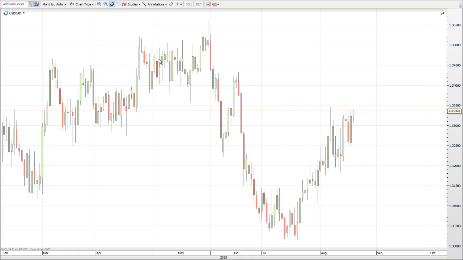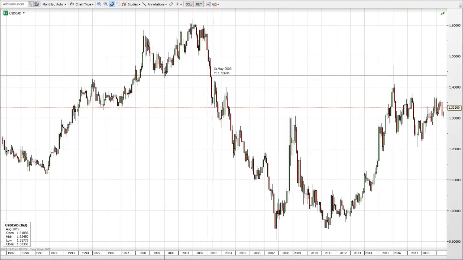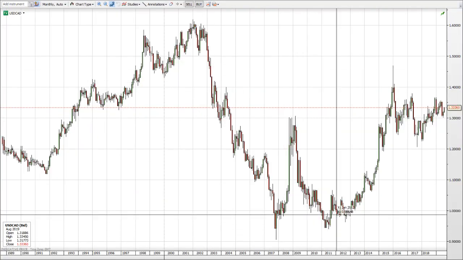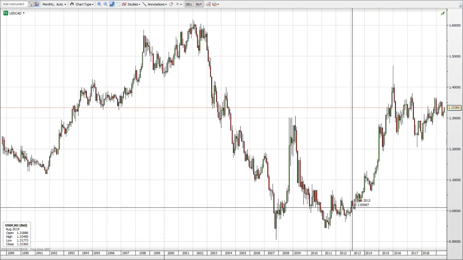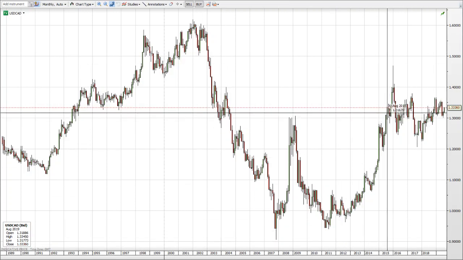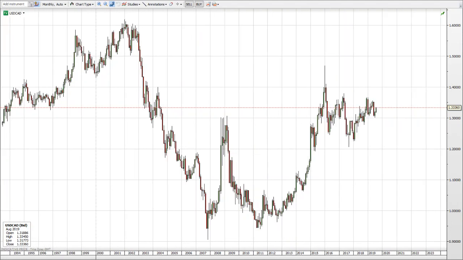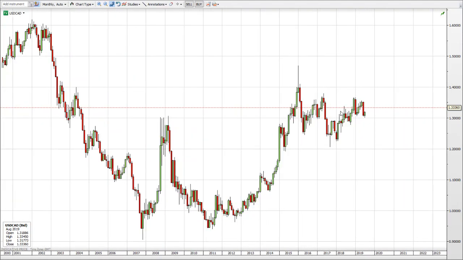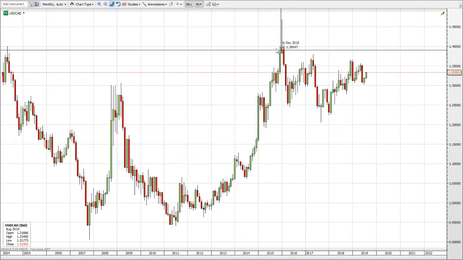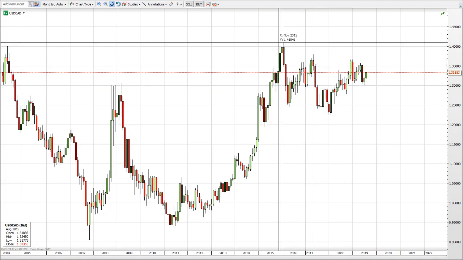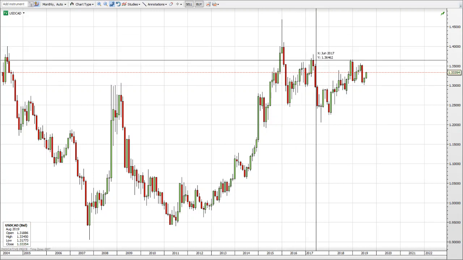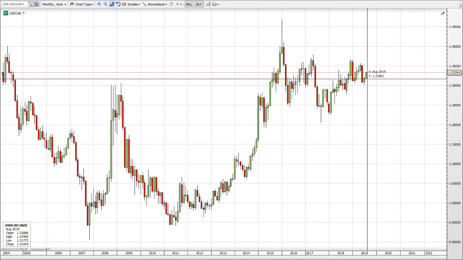From a long-term perspective, this has actually been in an uptrend since 2011, and right now it's seeing a bit of resistance, and it's shot back up.